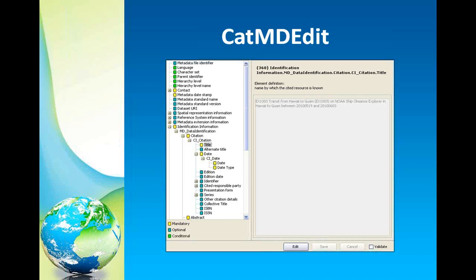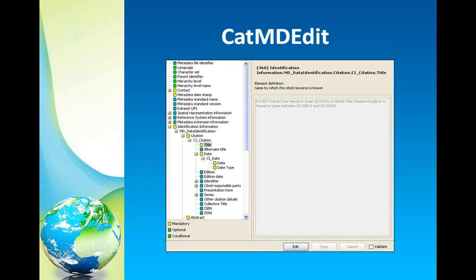Another tool that is useful for 19115 metadata records is the CatMDEdit. This is a desktop tool that you can just use on your desktop, and it basically shows you all the hierarchical structure of the ISO metadata.